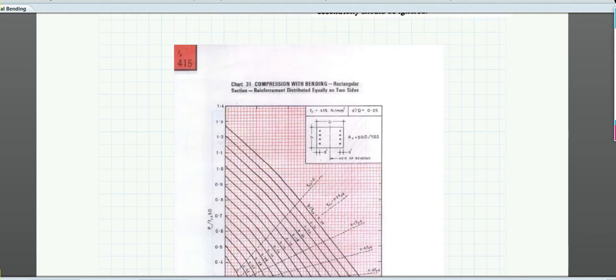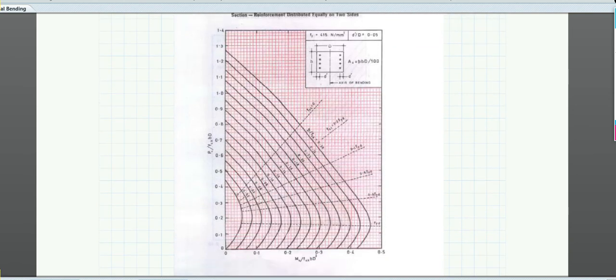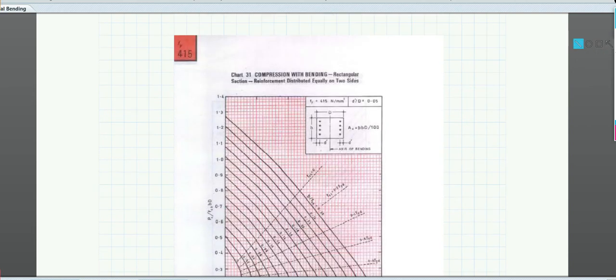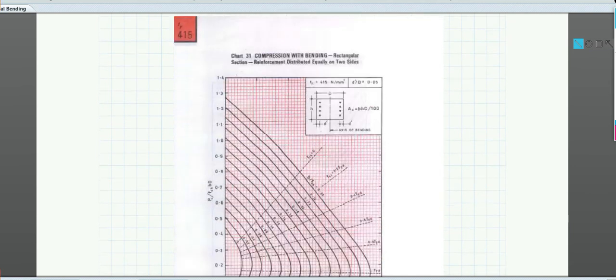Now let's see how SP16 provides us the calculations. I told you that the interaction graph is provided in SP16, so please download it. You will see this is chart 31. This is for compression with bending.